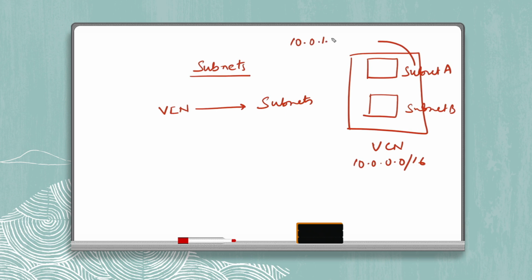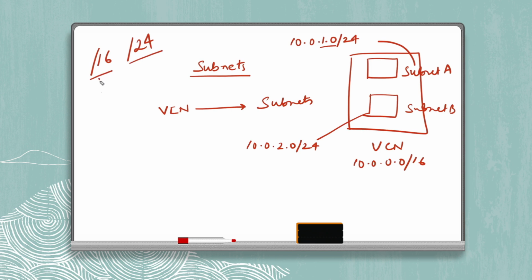Because it is a subnetwork, here we are writing 10.0.1.0/24, and for subnet B, 10.0.2.0/24. The larger the number, the smaller the network is.